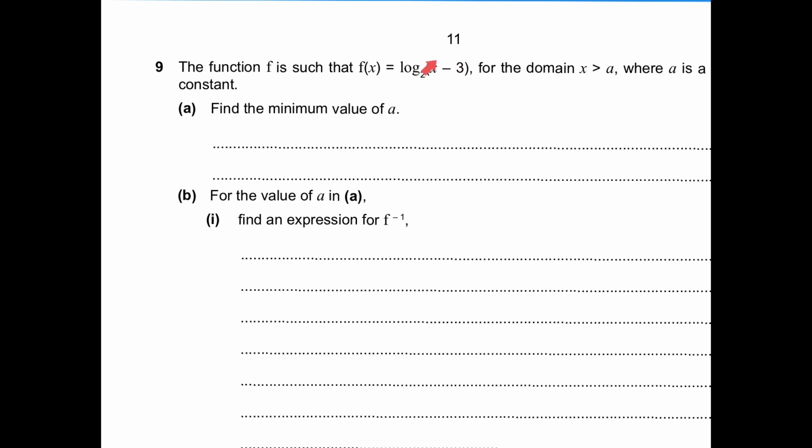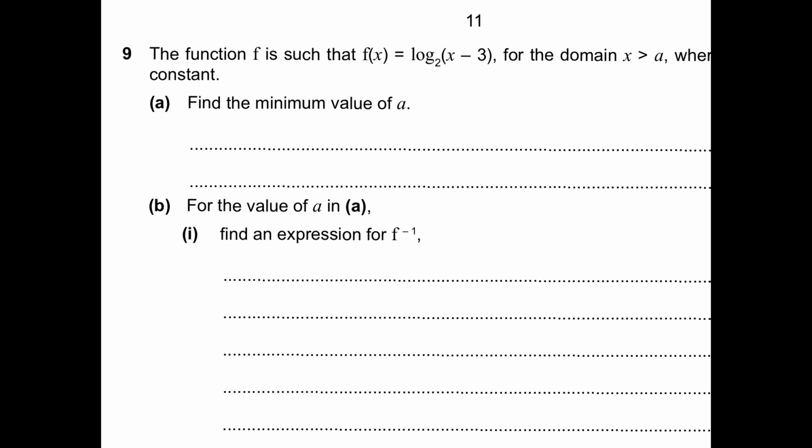So in other words, this bracket here should be greater than 0. Log of a negative is undefined. So what we are simply saying here is that x minus 3, which is the bracket, should be greater than 0.